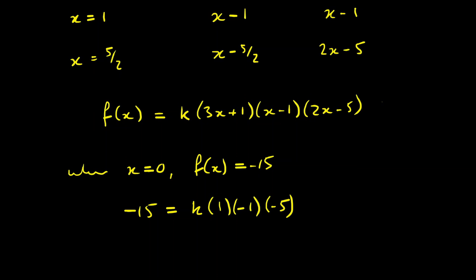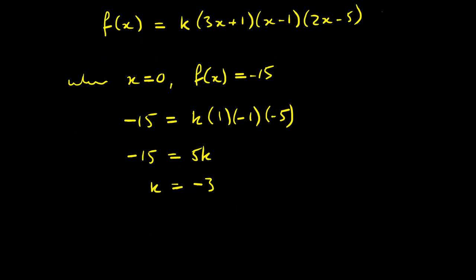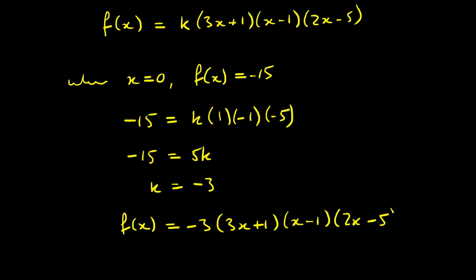So what we're going to end up with here is negative 15 is equal to 5k. And therefore k is equal to negative 3. And if that's the case, we can write f of x is equal to negative 3 bracket 3x plus 1 times x minus 1 times 2x minus 5. And that will be our answer.